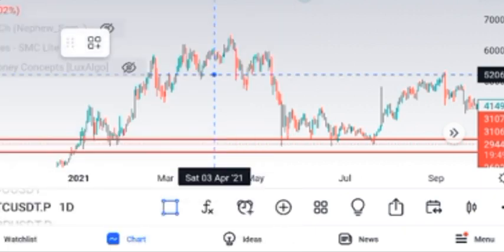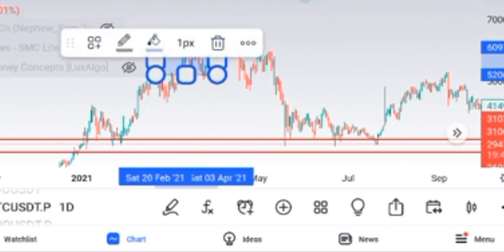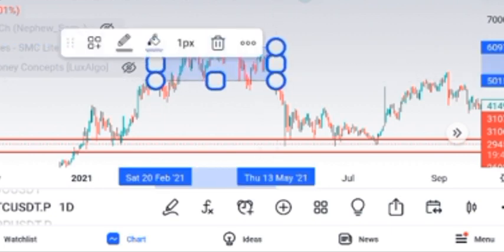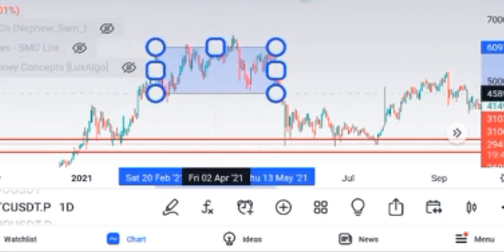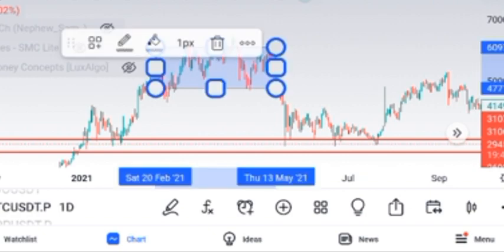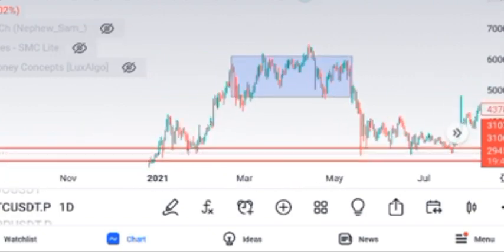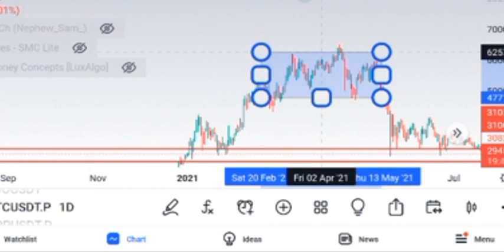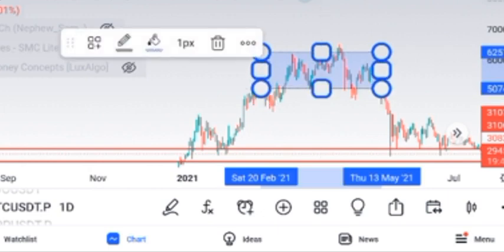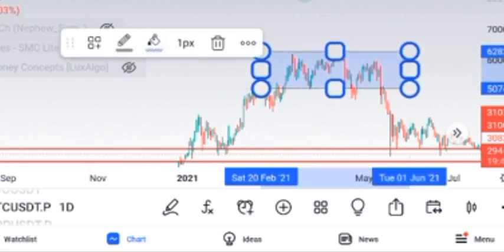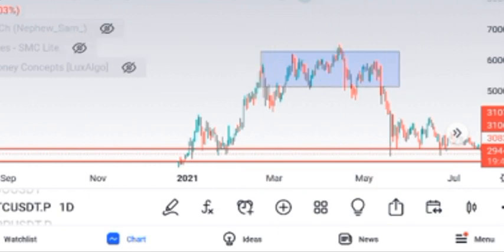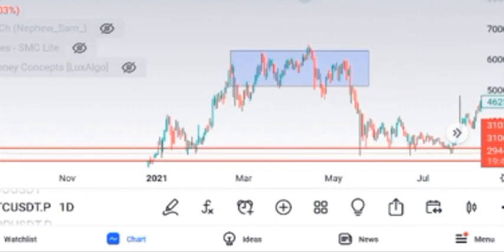If you look at this section around here, you can see that we are seeing something like a range. We are seeing something like a range around this particular area. Let me expand that. Can you see? This is the typical example I'm talking about. A ranging market. As you can see, the price is going up, coming down, going up, coming down, touching this border, touching this border, until there is a breakout around here.